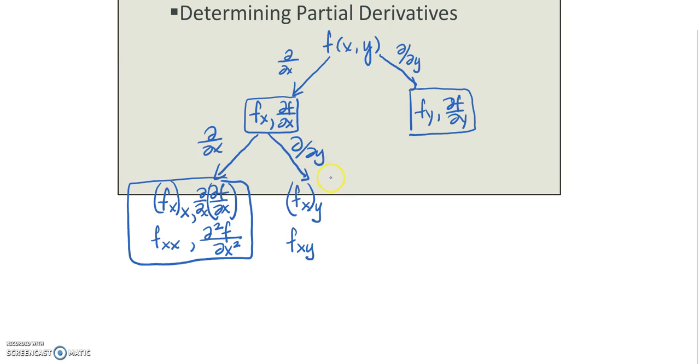If I use the partial notation, I would have my partial of f with respect to x, but this time a partial with respect to y.